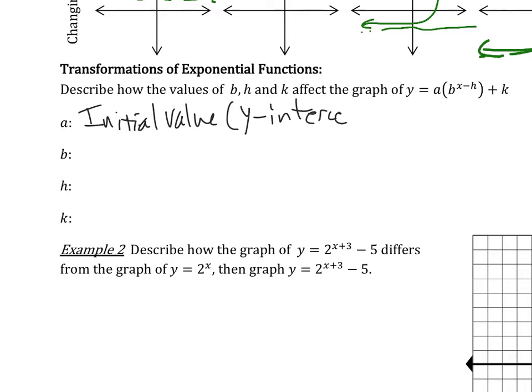If h and k are 0, then that's our y-intercept, so h and k have something to say about it also. But a can also flip the graph, or a better word, reflect it across the x-axis.